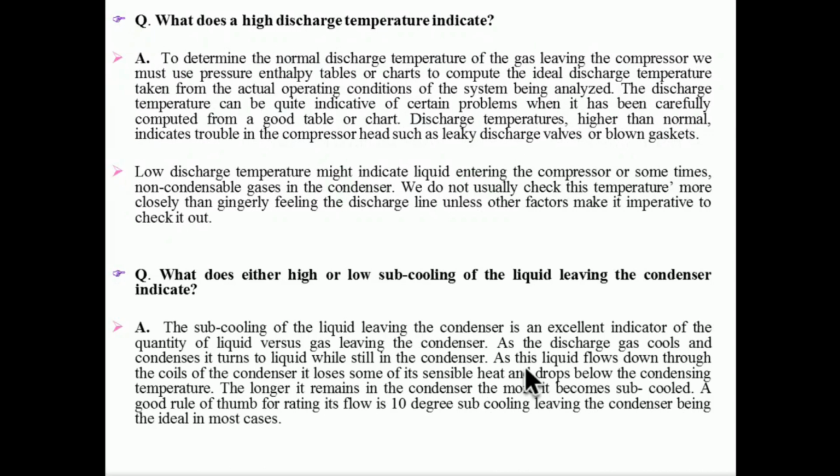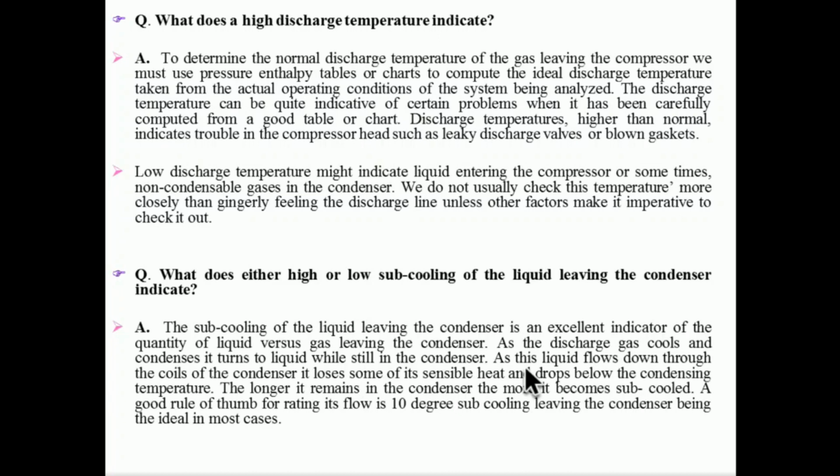Anything higher than 10 shows that it could be overcharged and is subcooling more. And whenever it is less than 5 degrees or 2 degrees, it shows a lack of refrigerant in the system.